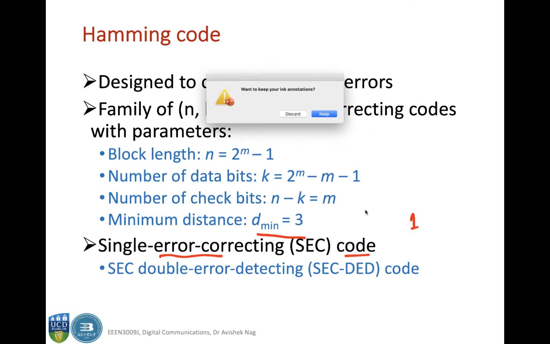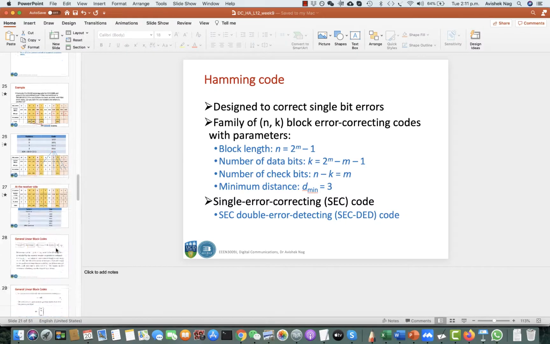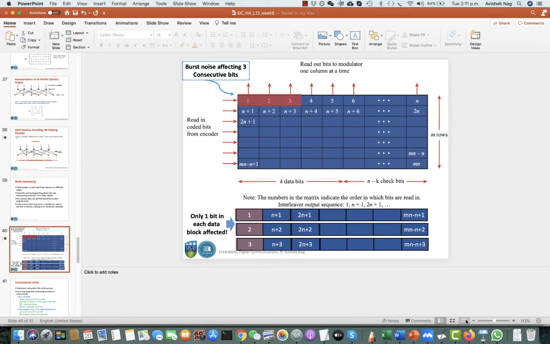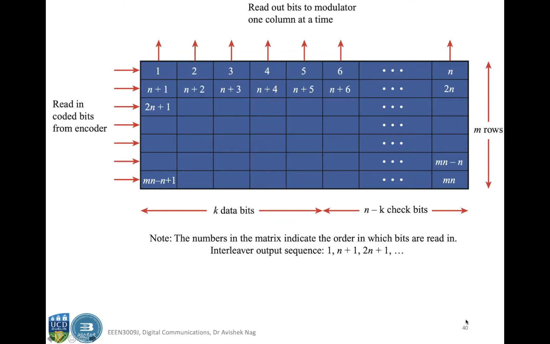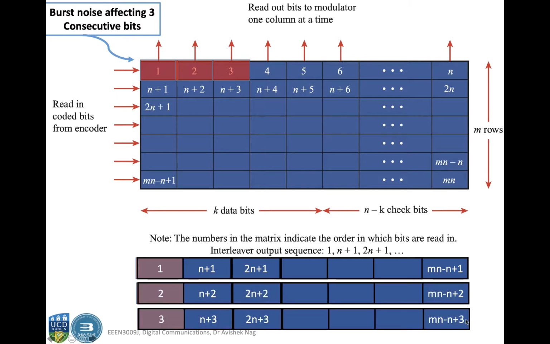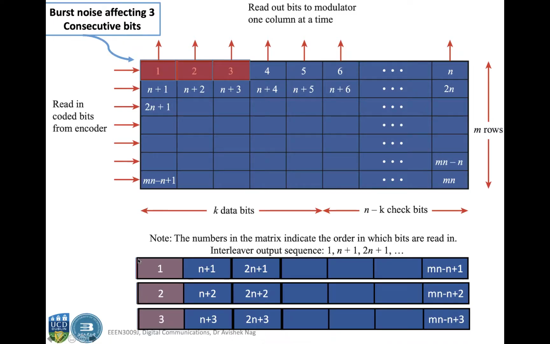Now again, going back to the discussion of block interleaving, essentially what we are doing is allowing one error per block, and this can be easily corrected by a single error correcting code, as you saw, with dmin equal to 3.